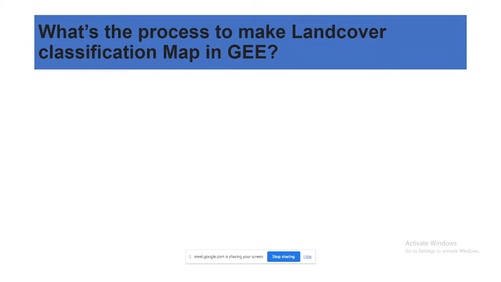So the first step is that you have to select your region of interest. Suppose you want to make the land use land cover classification map for Dhaka city, so this Dhaka city is your region. Suppose you want to make it for the whole country boundary of Iraq, so this is your region of interest. So first of all you have to select your region of interest.